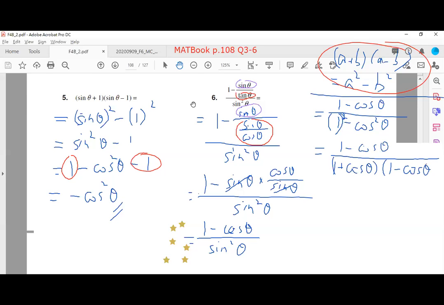Just like this. And then you are happy seeing this because 1 minus cosine theta on top and 1 minus cosine theta on the bottom will be cancelled by each other. What is remaining on the top is nothing, but we don't write nothing, we write a 1. And what is remaining on the bottom is just 1 plus cosine theta. So that is the final answer.